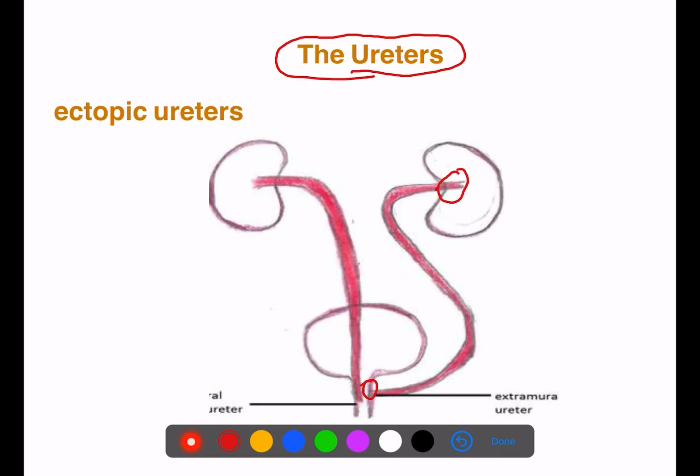This tube-like structure suffers from three things. Number one, congenital anomalies called ectopic ureter, which means the ureter connects to the wrong side of the bladder.